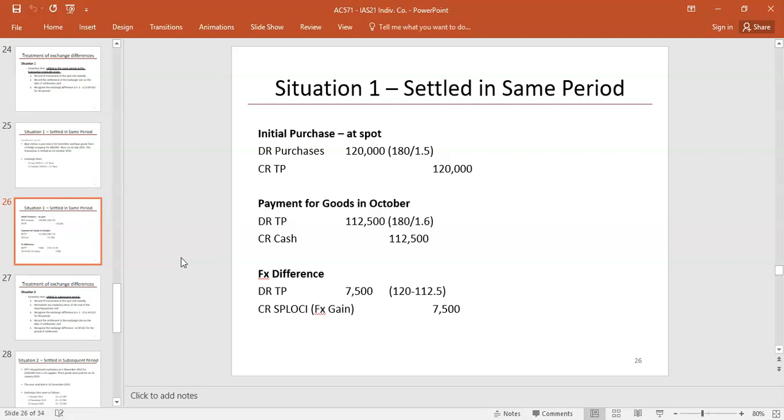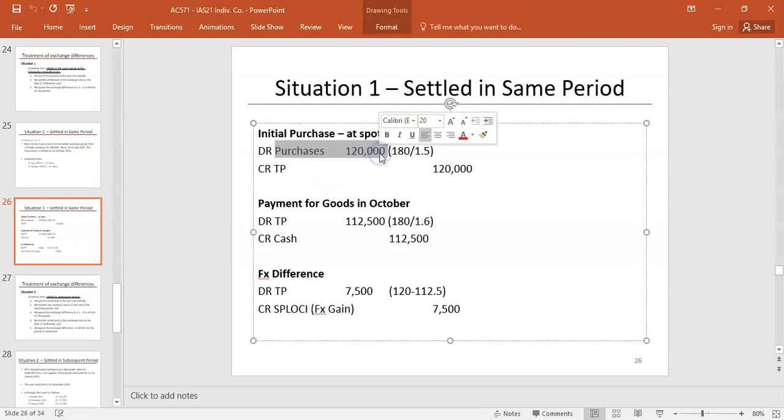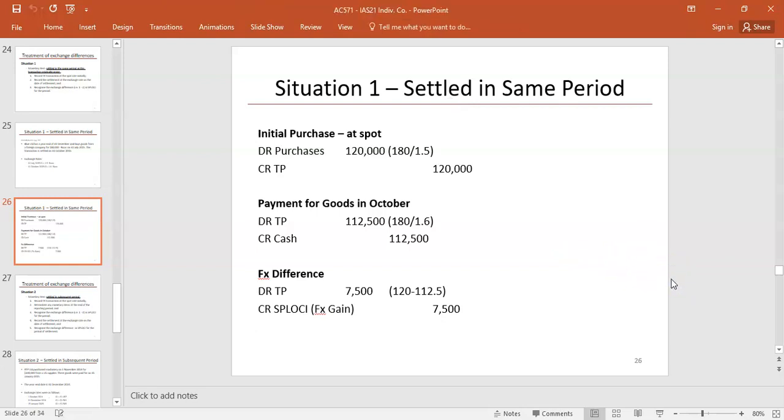The monetary item is gone. And inventory is measured at the 120. So if those goods are not sold at the year end, they are not retranslated, because inventory is a non-monetary amount. So what you're going to do there then is just leave the inventory at 120,000, which is the initial recorded cost.